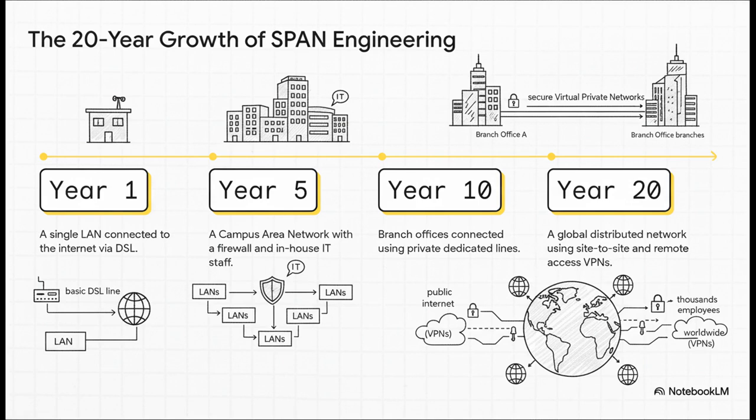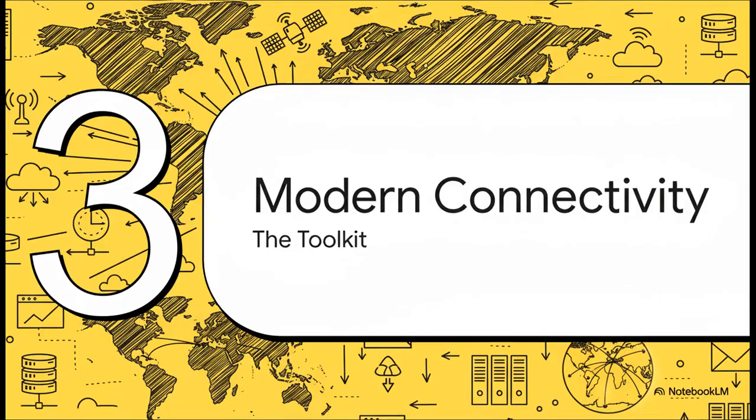And after 20 years, they're a global enterprise, connecting thousands of employees all over the world, not with those pricey private lines, but with flexible and secure virtual private networks, or VPNs. Every single stage of their growth forced a complete rethink of their network. Span's journey brings us right up to the present day. So what are the tools and technologies that make all this modern global connectivity possible for companies like them?